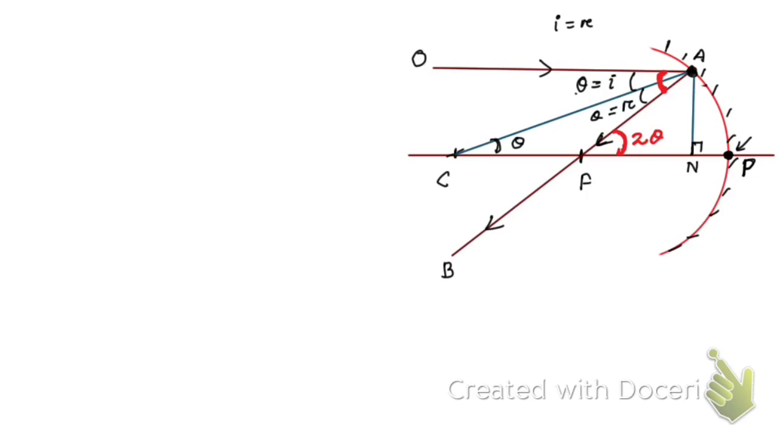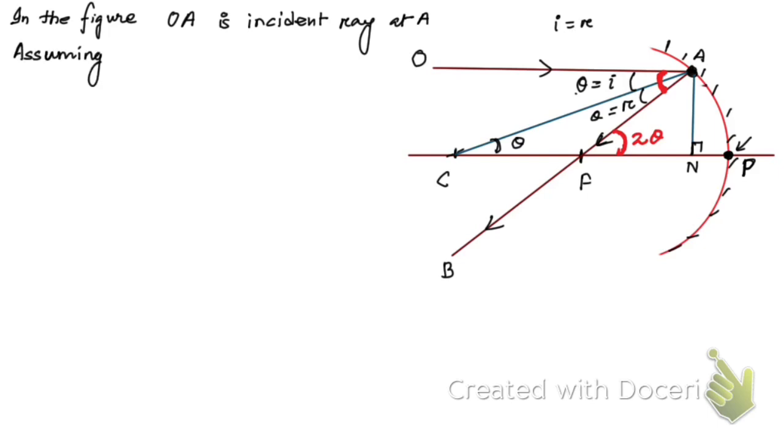So now let me write what I have considered here. In the figure, OA is the incident ray at A, right? Let us assume OA is a paraxial ray.